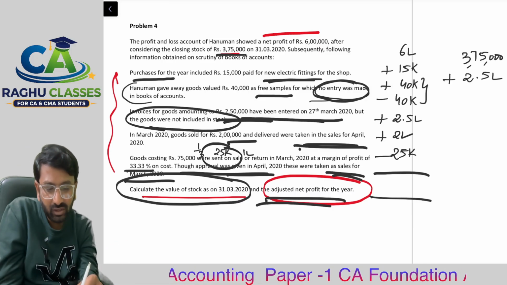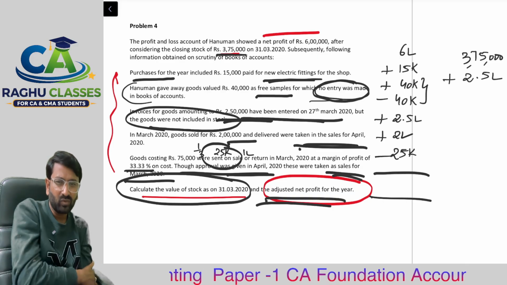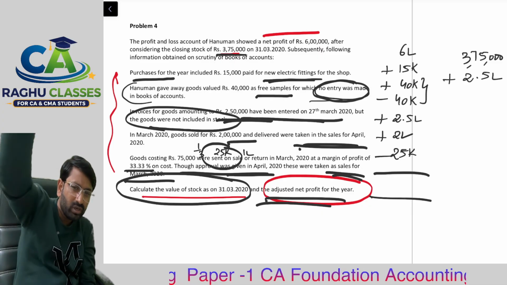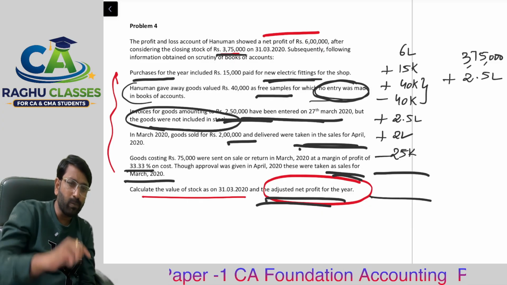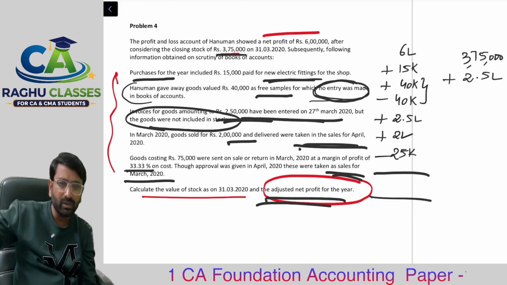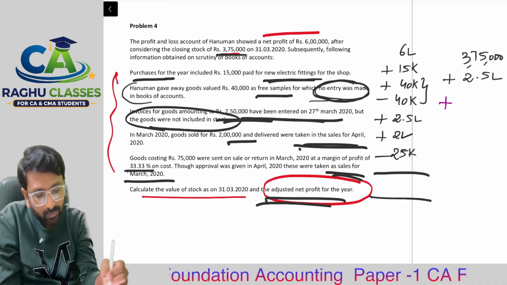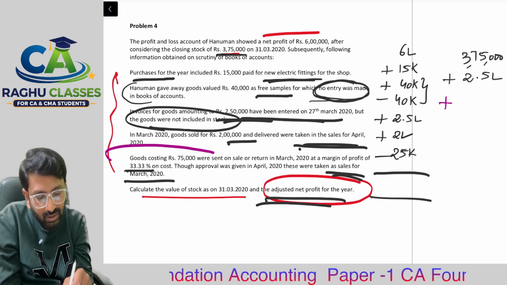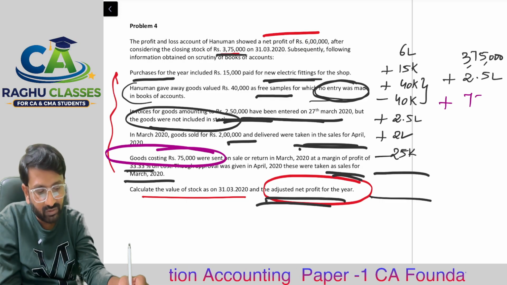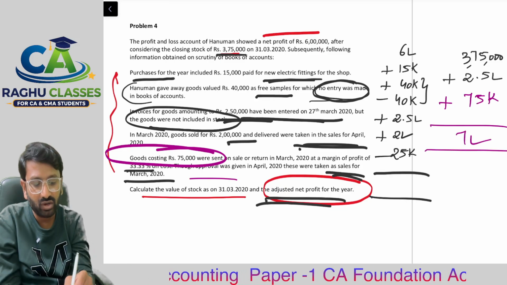And apart from that, we sold some items on approval basis. This item was approved only in April. So if it is approved in April, when I prepare my balance sheet in March, that item should come in the books of accounts. So I'll add that item also. But while adding that item, it has to be at cost, 75,000. Add that. So finally, 7 lakhs is the closing stock I'll show in my books.